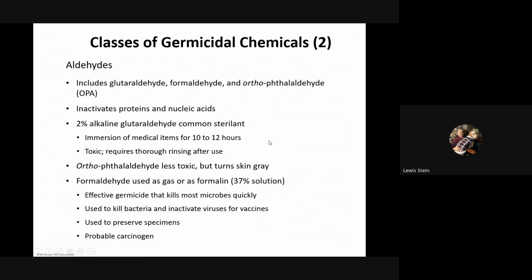Aldehydes are the most commonly used agent for what's called cold liquid sterilization. Used all the time. I used glutaraldehyde in my office for 25 years. The beauty of it is 2%, and the interesting thing is it comes super concentrated. So you get a container, you dilute it in the appropriate amount of distilled water, and you can soak instruments overnight, typically 6 to 10, maybe 12 hours, and it's very, very effective.